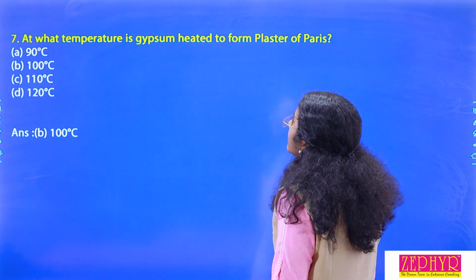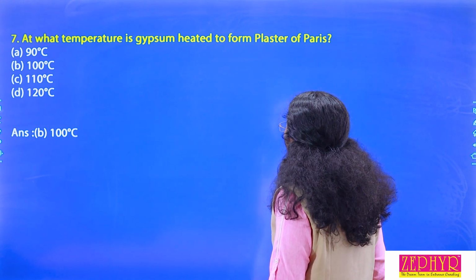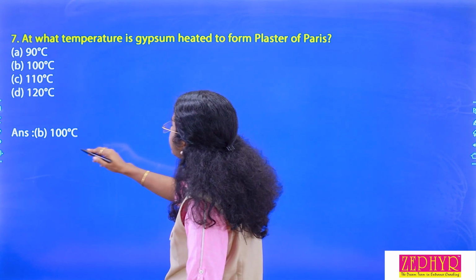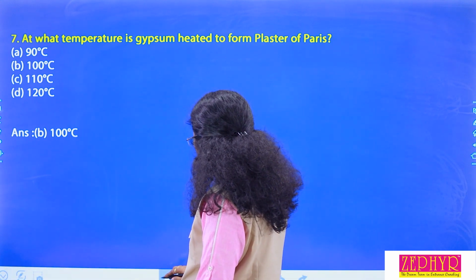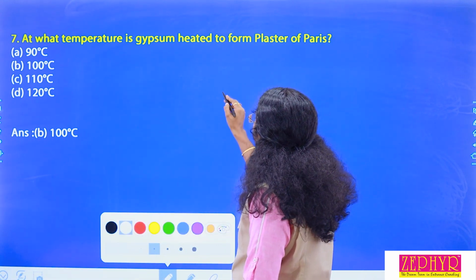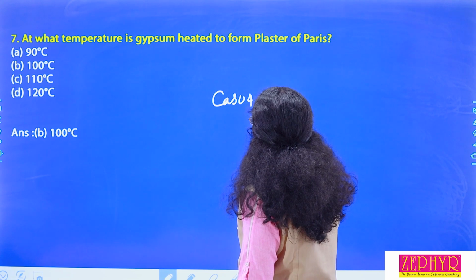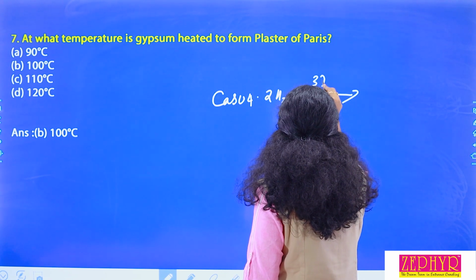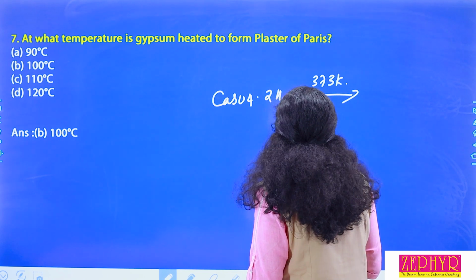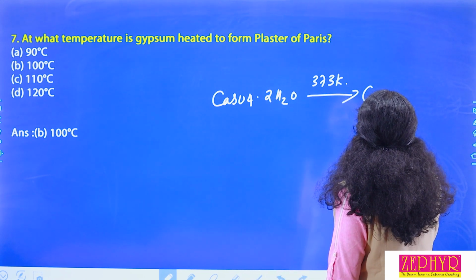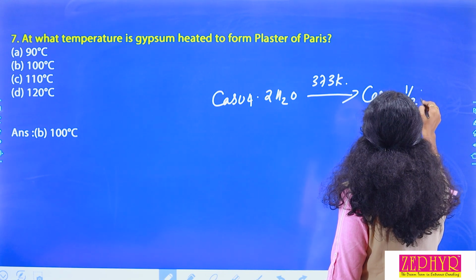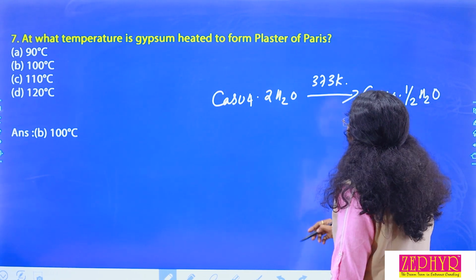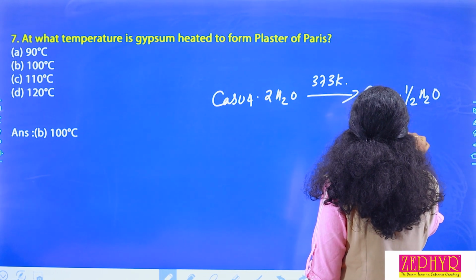Then the seventh one, at what temperature is gypsum heated to form plaster of Paris? Gypsum is CaSO4.2H2O. On strong heating at 373 Kelvin it gives CaSO4.1/2H2O, that is CaSO4 plus 1.5 H2O.